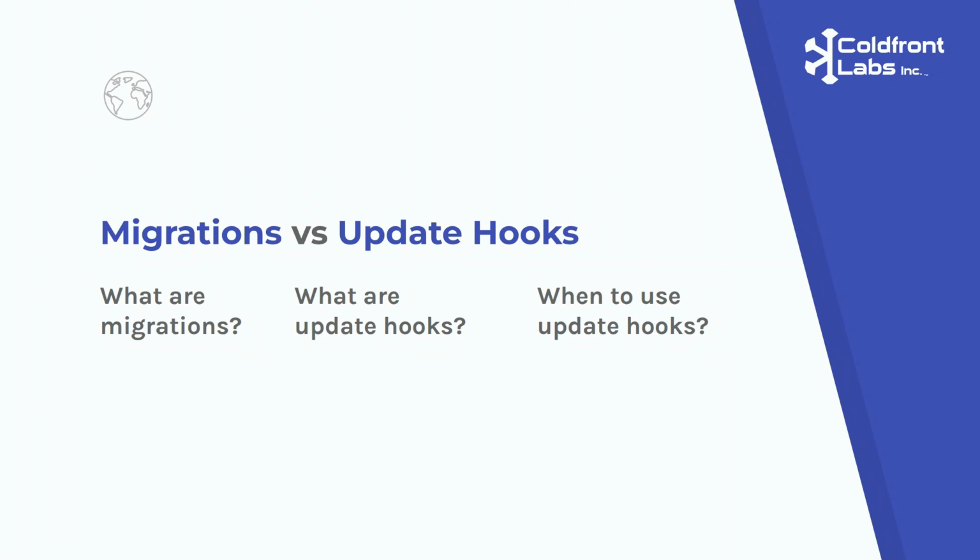So what's the difference between a migration and an update hook? Migrations are the idea of basically moving a site from one area to another. For example, you might be migrating from Excel sheets, or from WordPress or something else like that. So when do you want to use update hooks, and when do you want to use migrations?